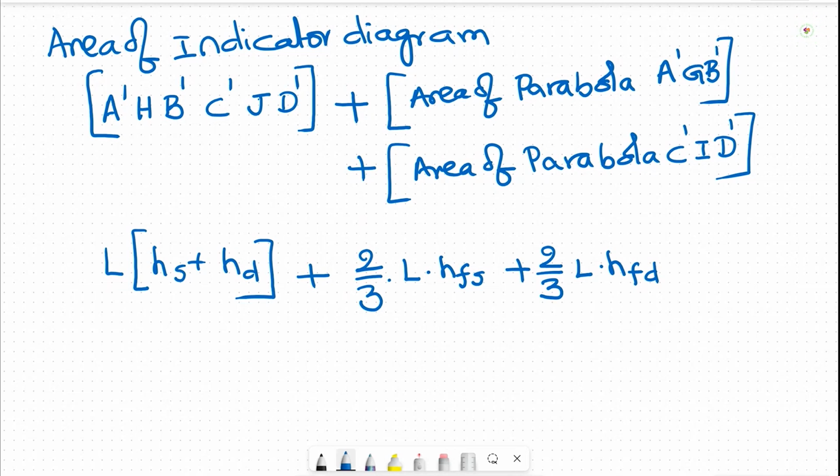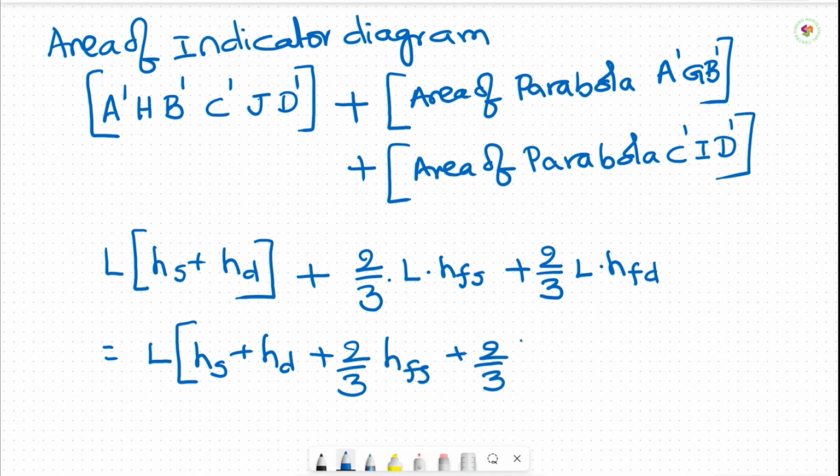So this is the total area, which is equal to L into HS plus HD plus 2/3 HFS plus 2/3 HFD. So what is the effect of acceleration pressure head on the work done? There is no effect of the acceleration pressure head on the work done.